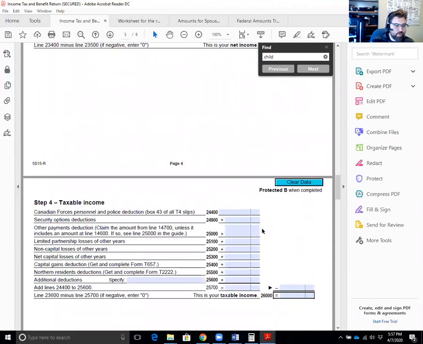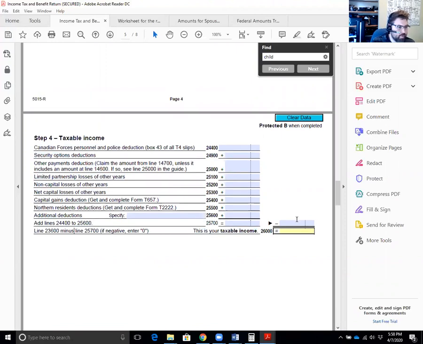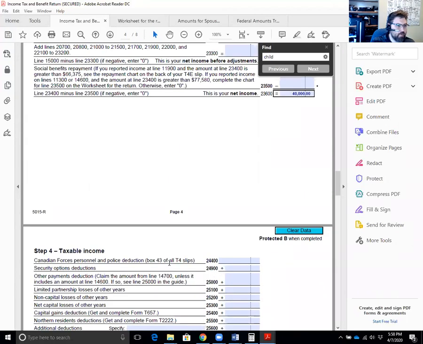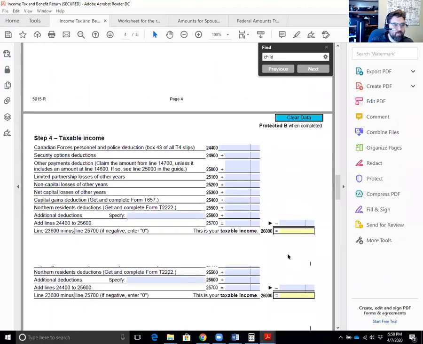Net income is 40,000. And we're not going to have any of these amounts to change our taxable income, so our taxable income is going to be the same. Line 23600 minus line 25700 is just going to be 40,000.